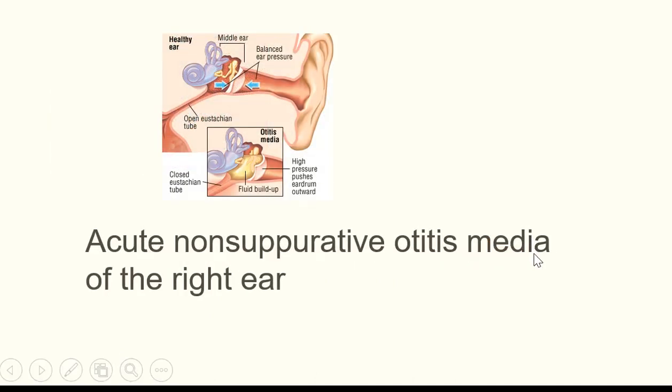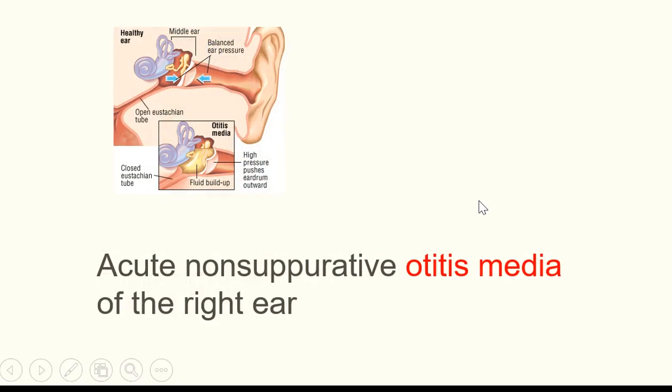Okay, look at this one. Acute non-suppurative otitis media of the right ear. Can you identify the main term in this diagnostic statement? If you chose otitis media, you are correct. The other words in this statement are merely subterms giving more information about the otitis media.